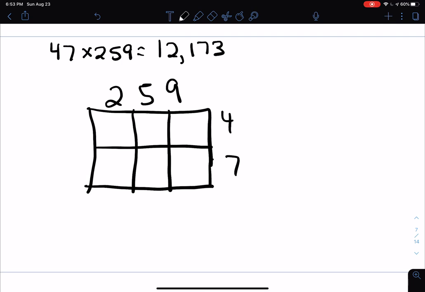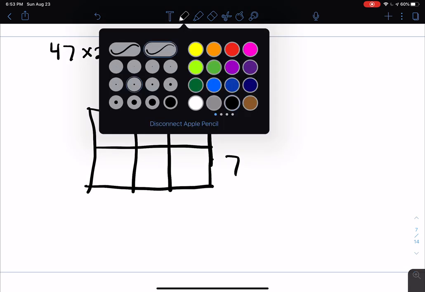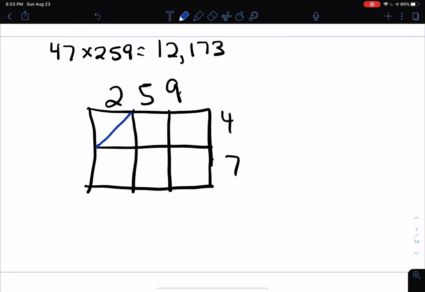But I'm going to have a column for 2, a column for 5, a column for 9. I'm going to have a row for 4 and a row for 7. Let's draw the diagonals. All right.